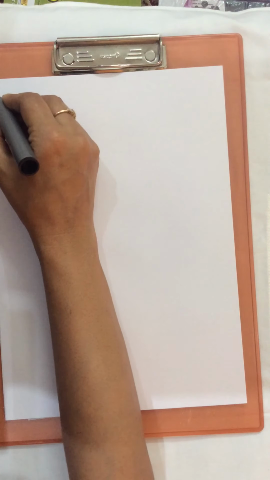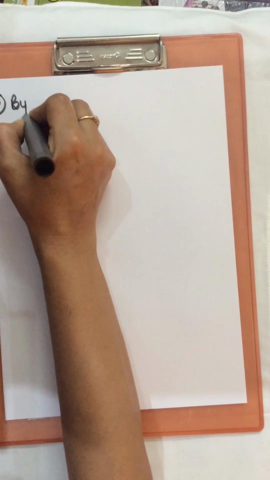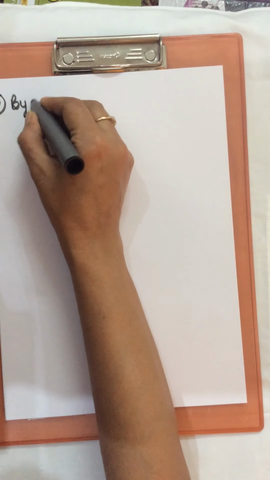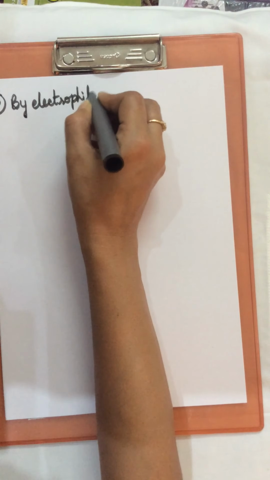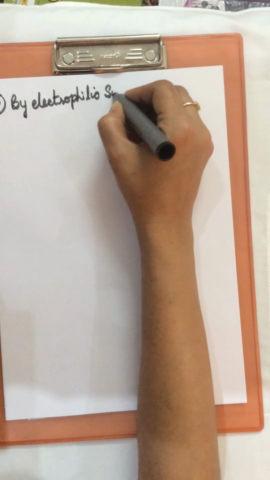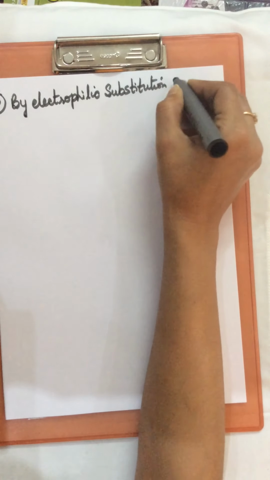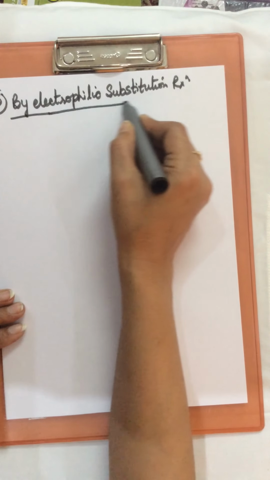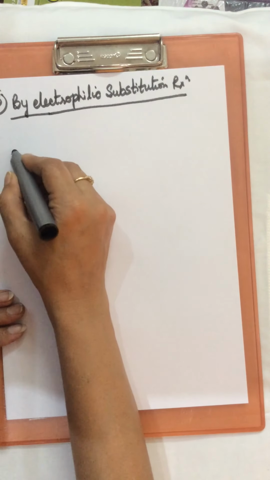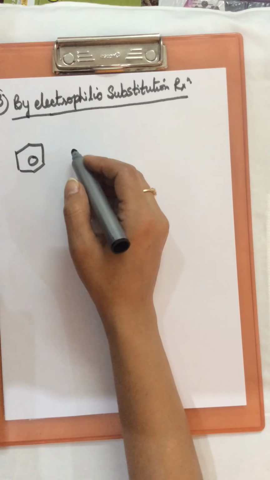After this, we have done the two methods of preparation of alcohols. Now the third method of preparation of haloalkanes and haloarenes is by electrophilic substitution reaction. When an electrophile substitutes, and we know that these reactions are shown by aromatic compounds, by benzene type of compounds.